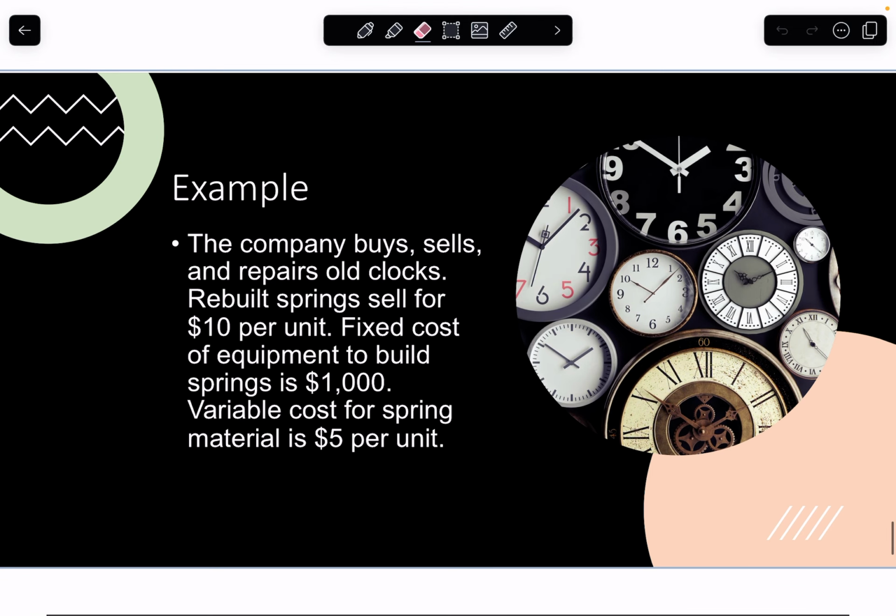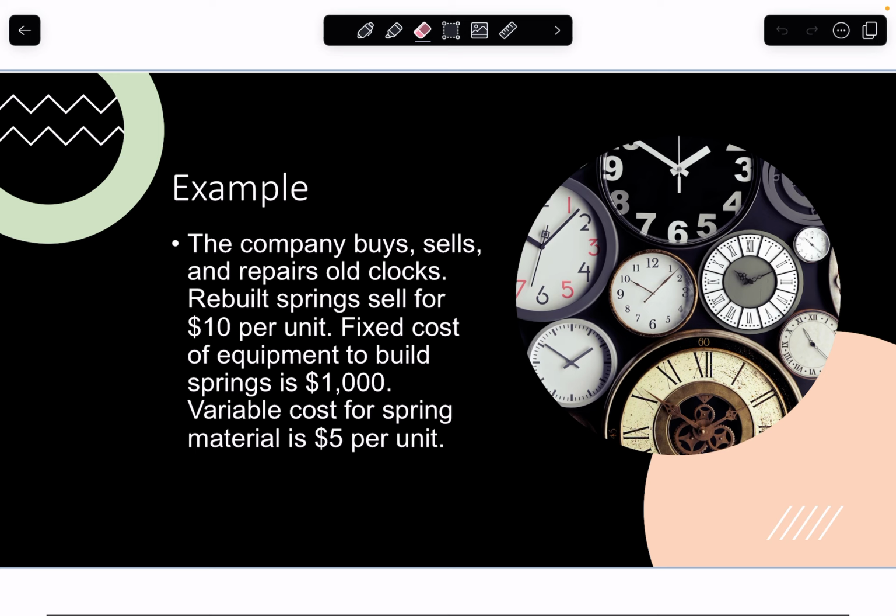So we have a simple example here where we can use the profit model. The company buys, sells, and repairs old clocks. A rebuilt spring sells for $10 per unit. The fixed cost of equipment to build springs is $1,000.